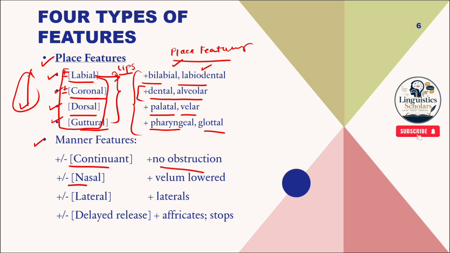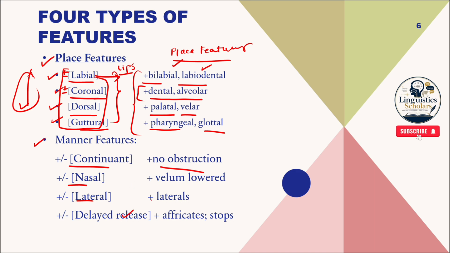And minus nasal refers to the velum rising, where the air only flows through your oral cavity. Plus lateral refers to the air passing from both sides of the mouth rather than the center of the mouth. When I say minus lateral, the air passes through the center of the mouth rather than the sides.